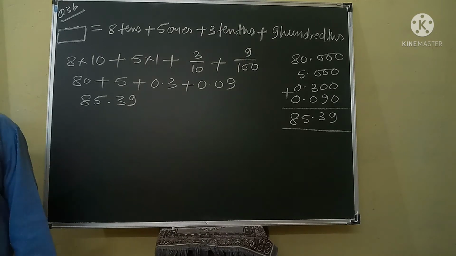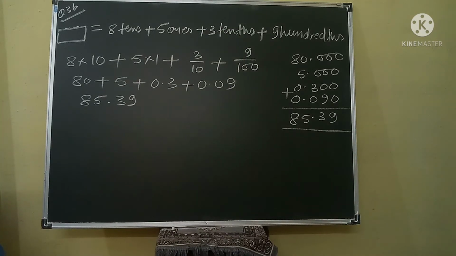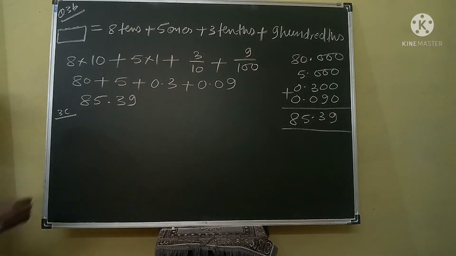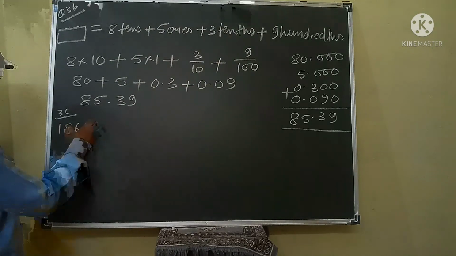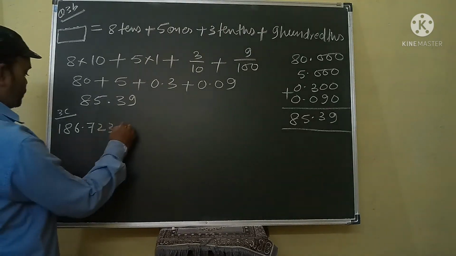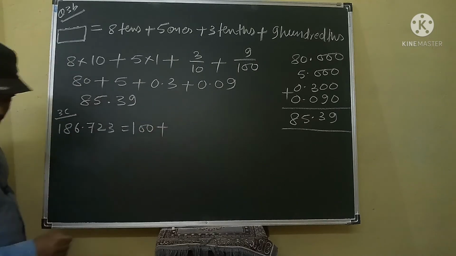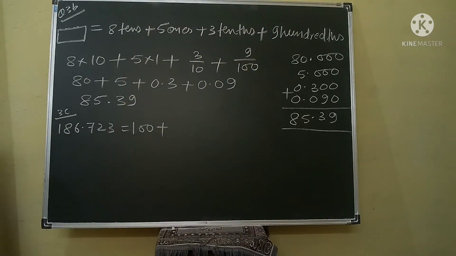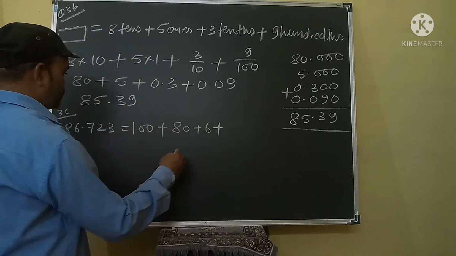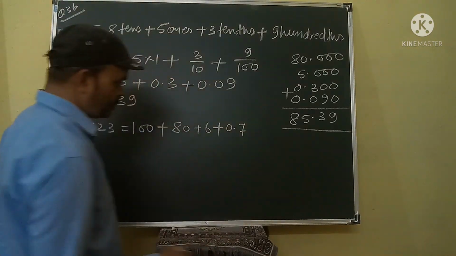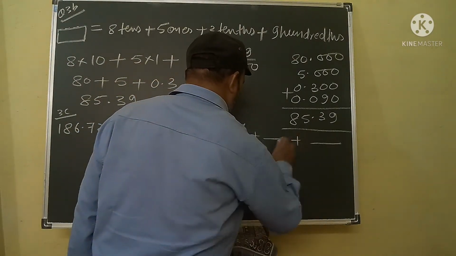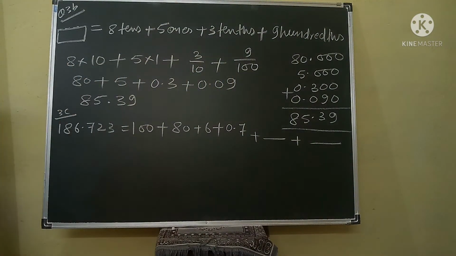Okay, then after that your next question is question number 3C. 186.723. This number is equal to 100 plus 80 plus 6 plus 0.7, then after that there are 2 blank spaces. In these blank spaces, which numbers will come?